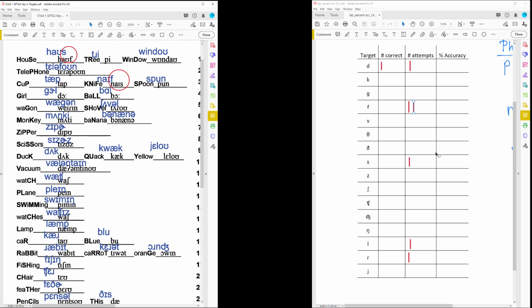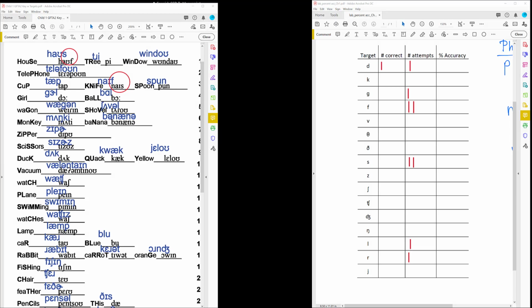To complete this activity, you would continue through the rest of the data set, tallying every occurrence of each of these targets in the target words in the number of attempts column, and then only include a tally in the correct column if the child actually produced the target sound in the correct place.